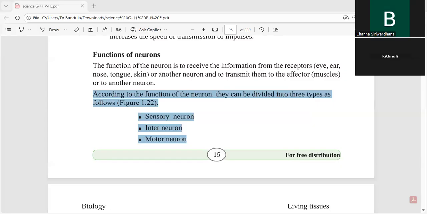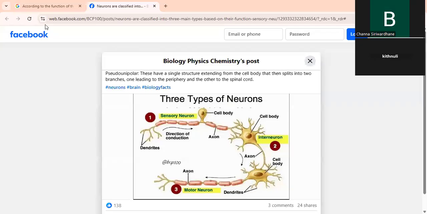Right, a simple thing is there. Can you see this? Yes. Here you will have these three types of neurons.